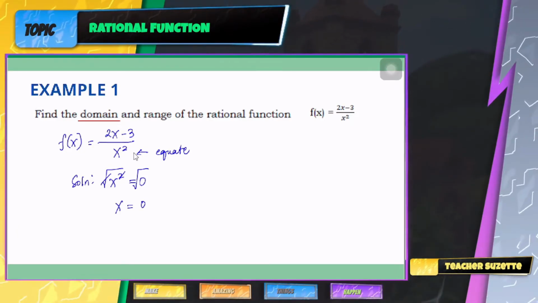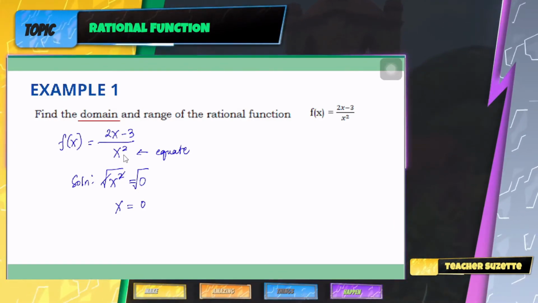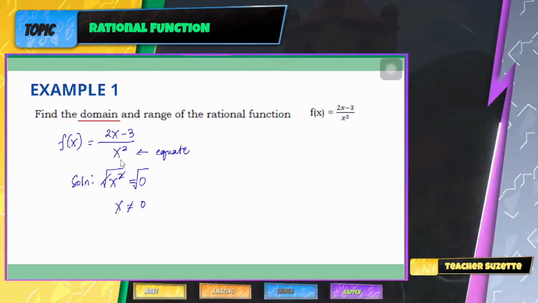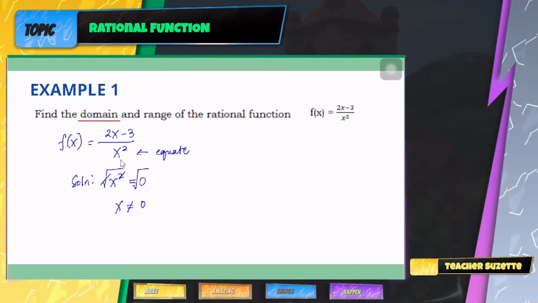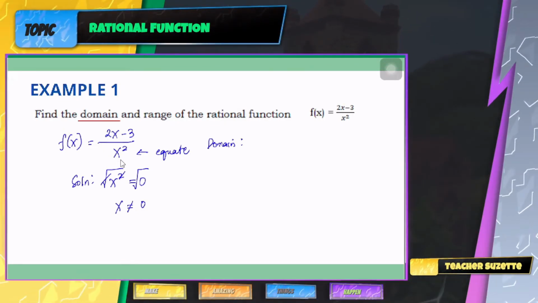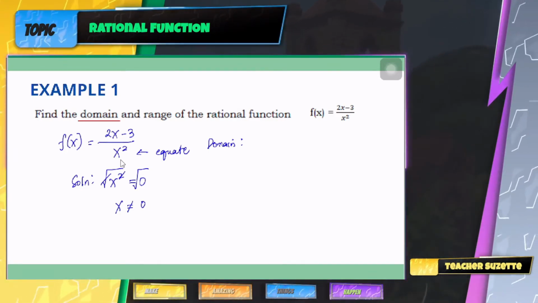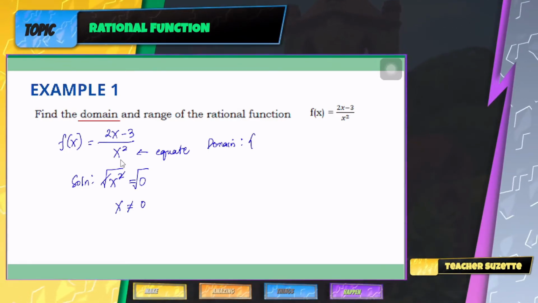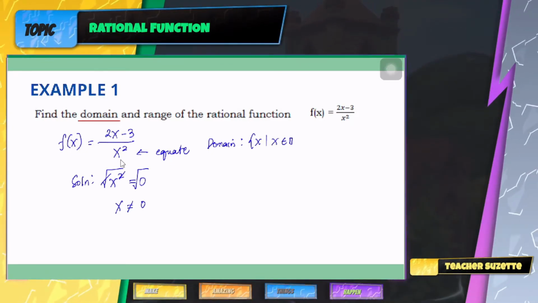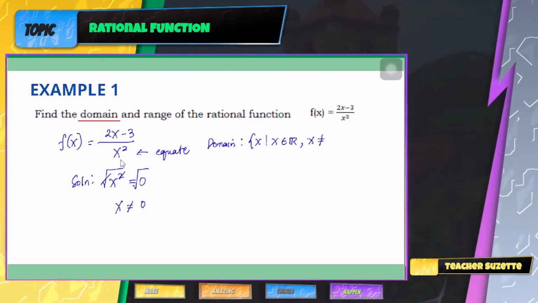This means that when x is 0, x squared will become 0. So that is the forbidden value. Your x should not be equal to 0. So the domain, written in set builder notation, is x such that x is a real number where x is not equal to 0.